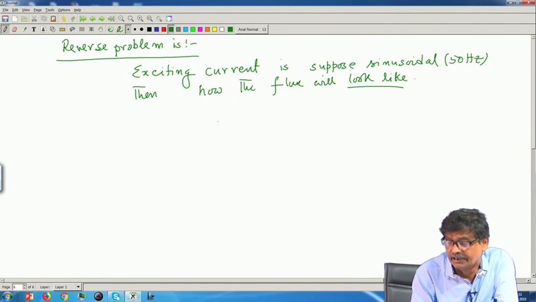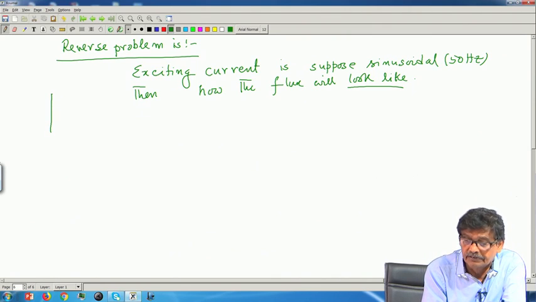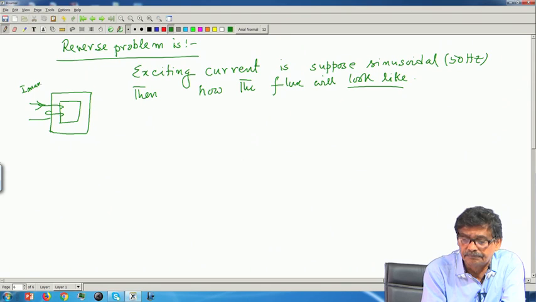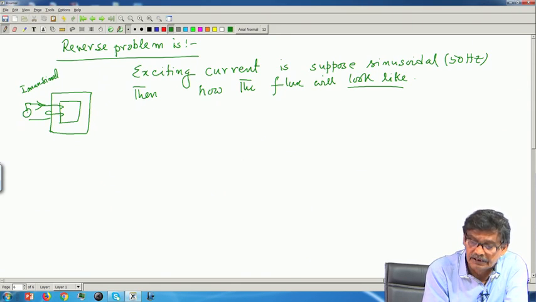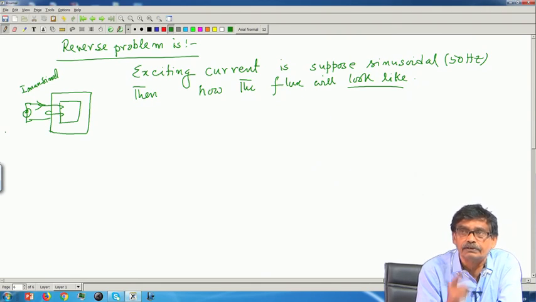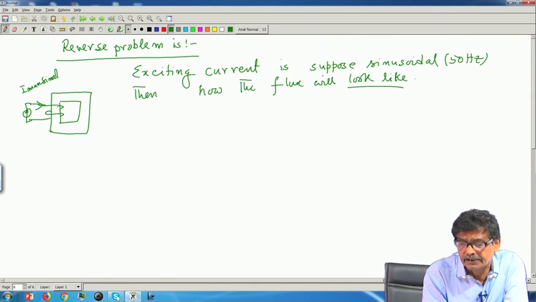So, the problem is like this, same core, but this time you pass sinusoidal current from a current source. This exciting current I will pass some I max sin omega t. I have forced it a current source. Suppose sinusoidal current is excited.